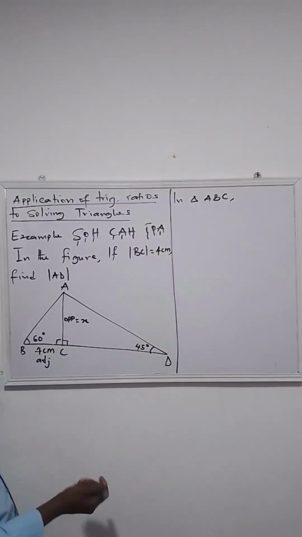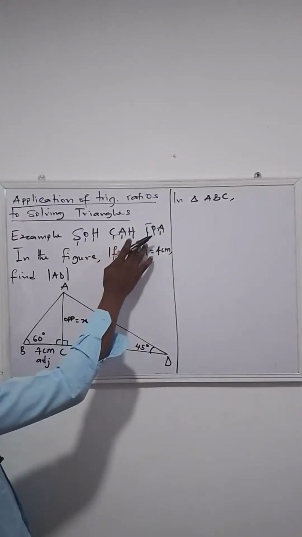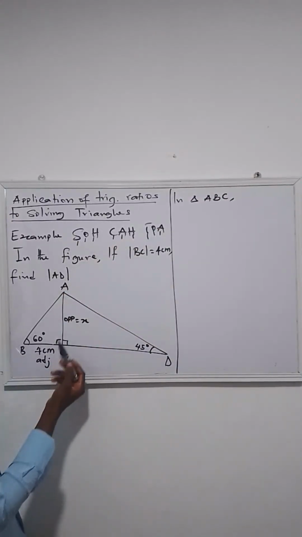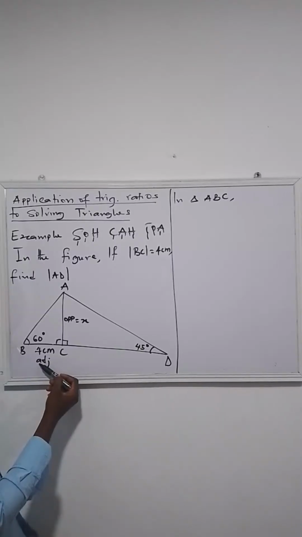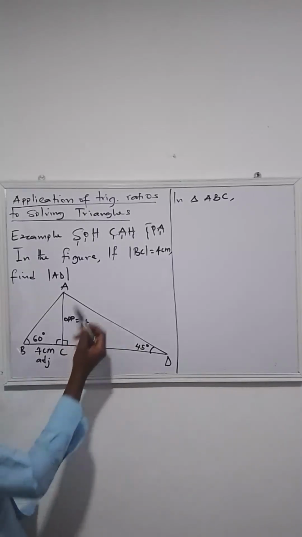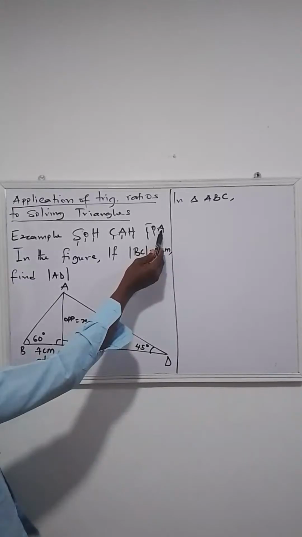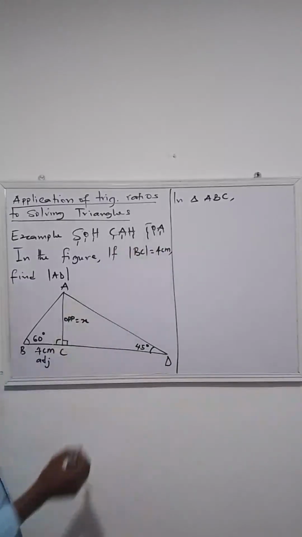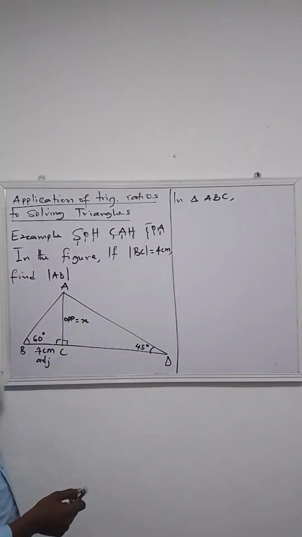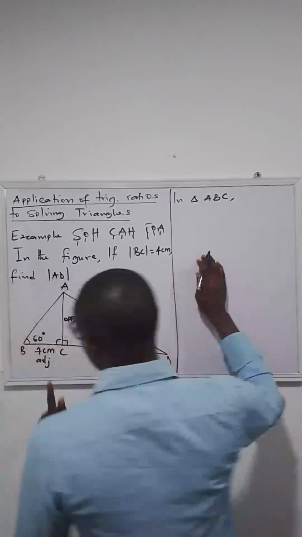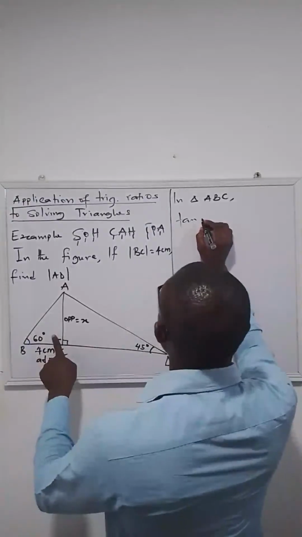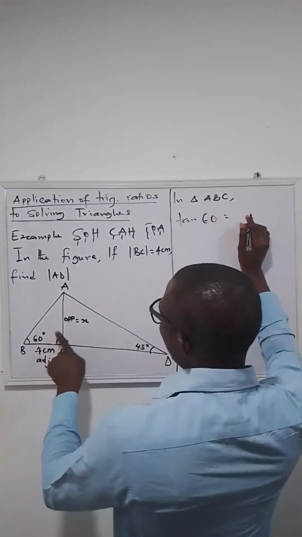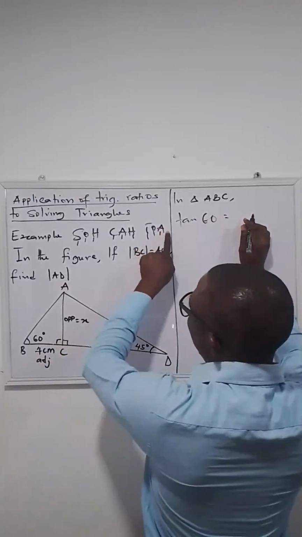Now which one will be appropriate here? We have opposite and adjacent, so we'll be making use of tan. So I write tan of the reference angle, tan 60 equals opposite over adjacent.